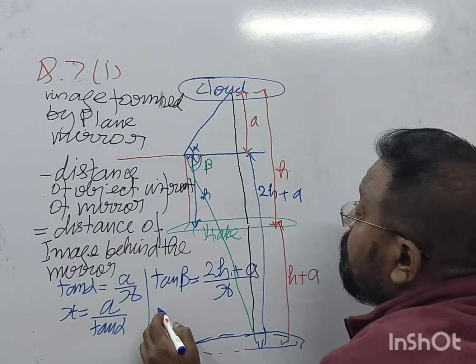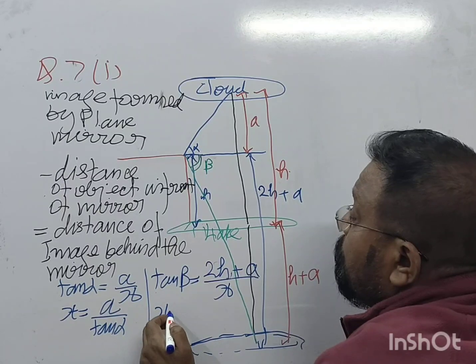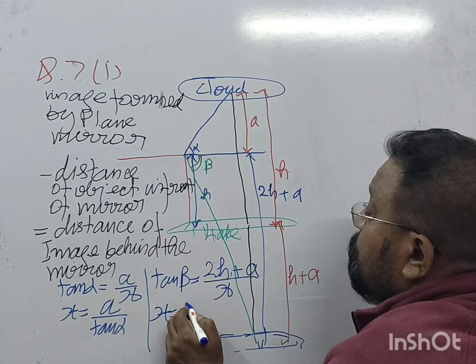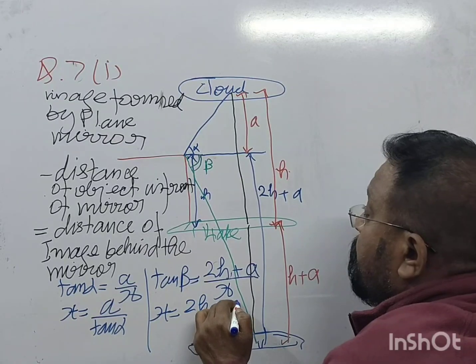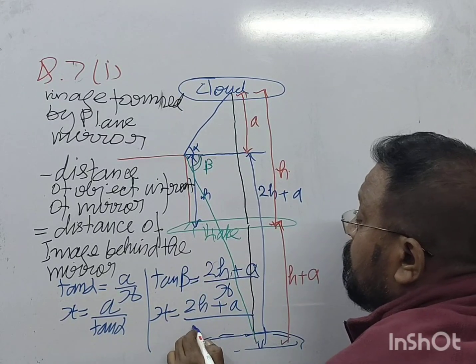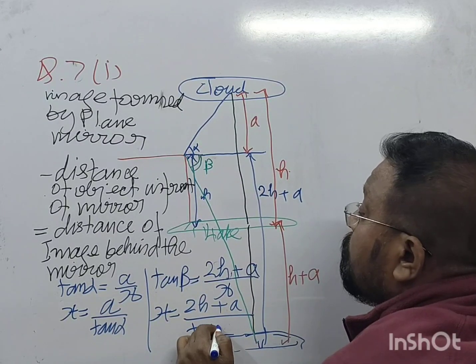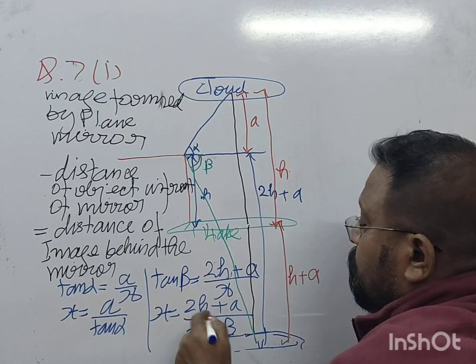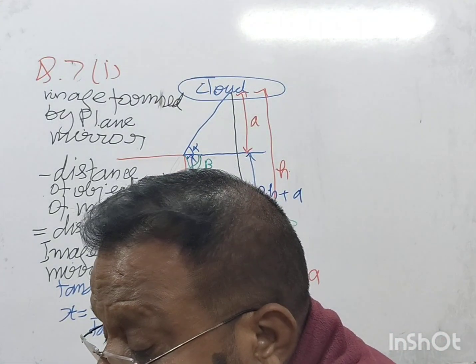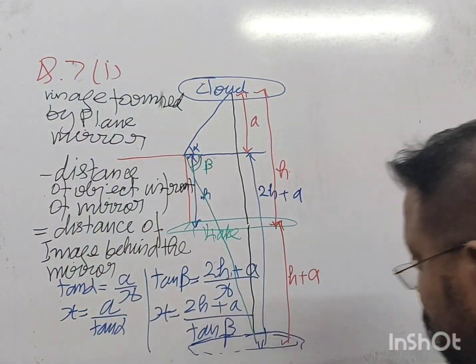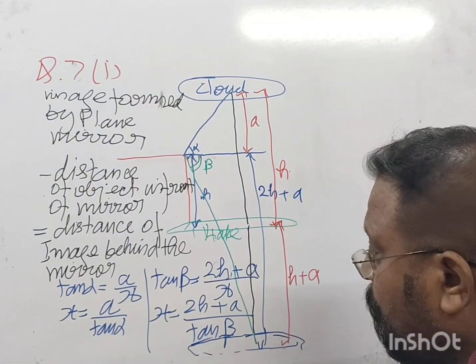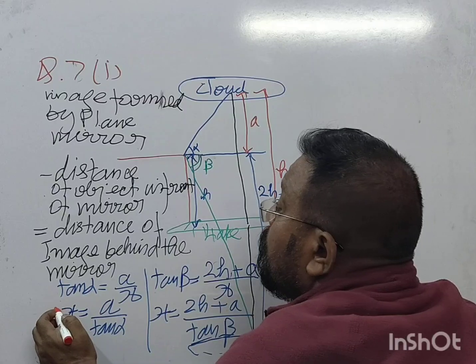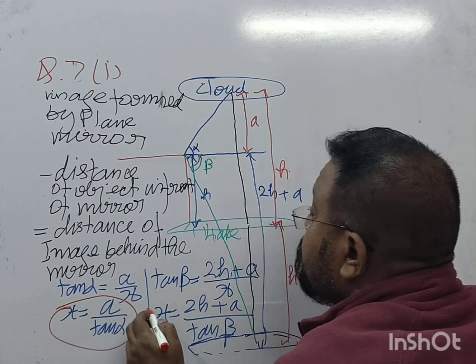So we can write x is equal to 2h plus A upon tan beta. You get it? Both are equal to x.